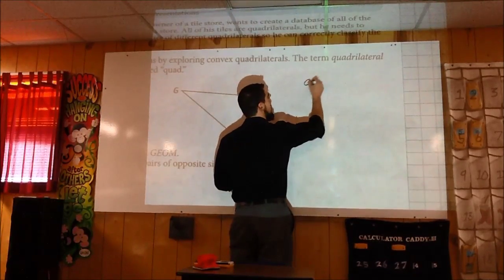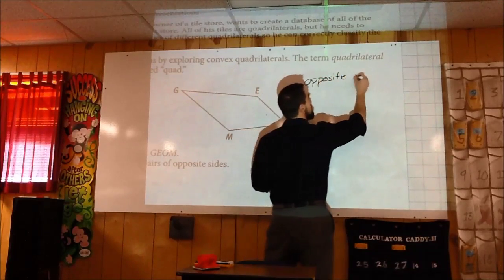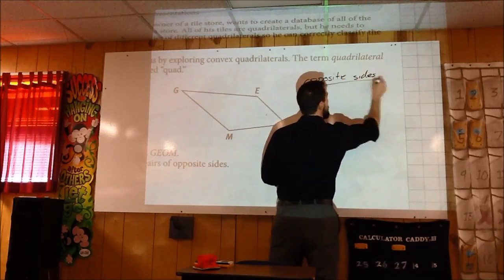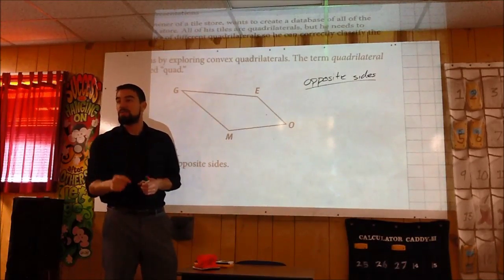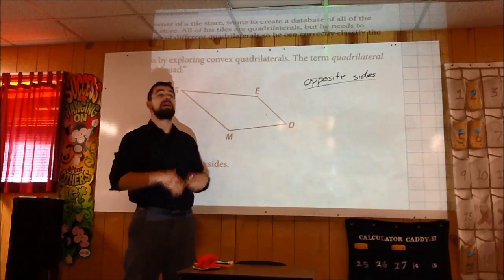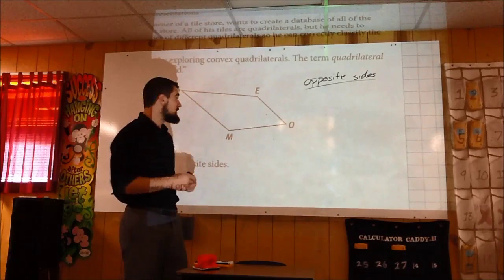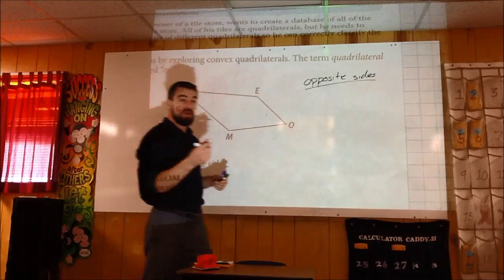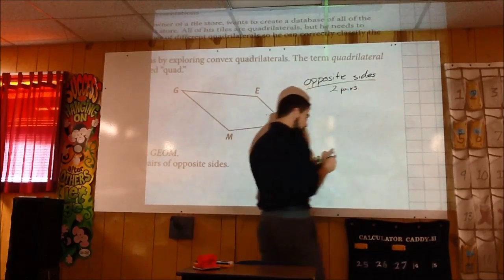Okay? So we're first going to talk about opposite sides. Because when we get into these special quadrilaterals like rhombi and trapezoids and so on and so forth, these terms are going to come up in the definitions. So opposite sides. Every single quadrilateral has 2 pairs of opposite sides.